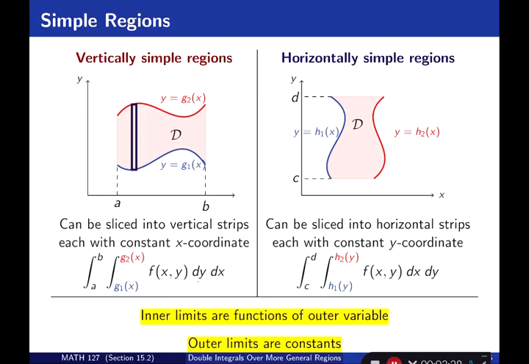So x is constant in there, and then the outer integral is from a to b with respect to x. When you're doing horizontally simple regions, the inner integral goes from h1 of y to h2 of y of f of x and y with respect to x, and then the outer integral is with respect to y and goes from c to d.